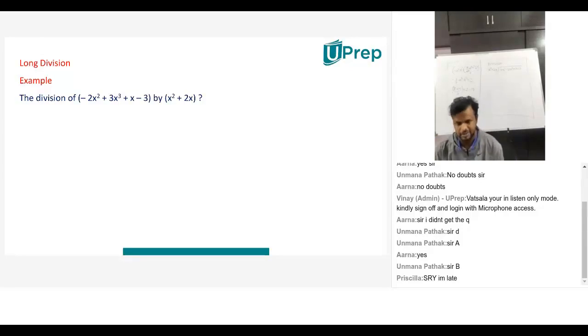Children, actually divisions are somewhat lengthy. So take a couple of minutes to try this question. And if at all you want to give me the answers, please give it to me in terms of the quotient and the remainder.